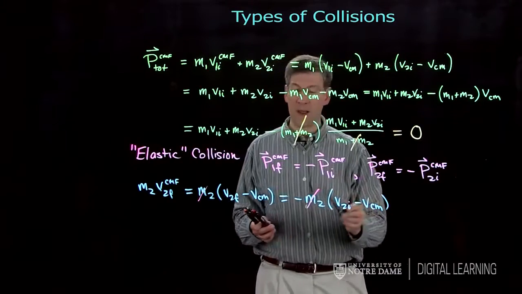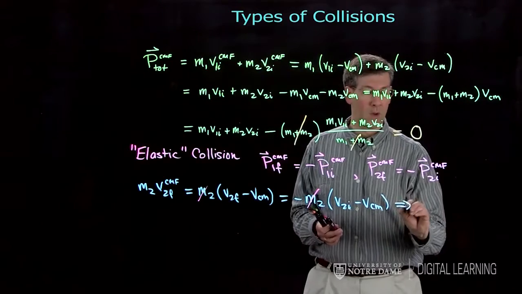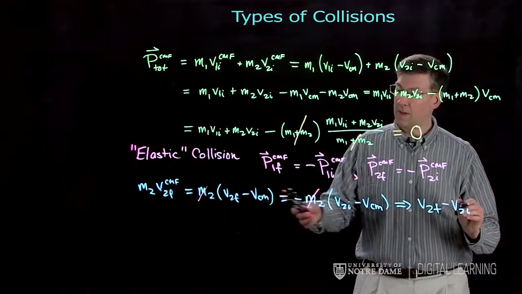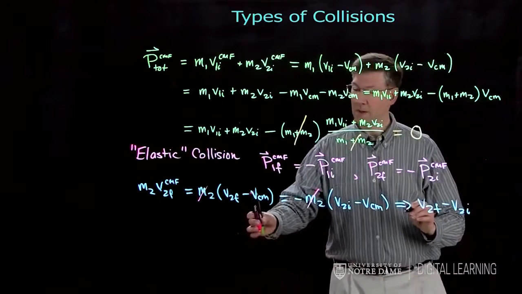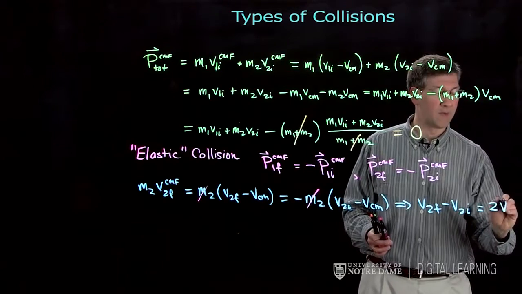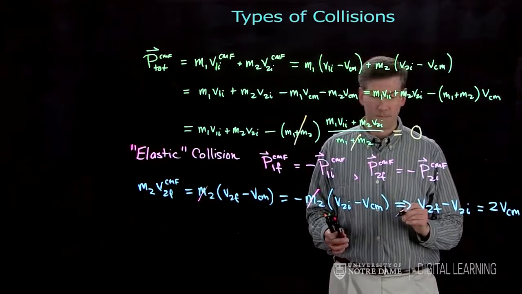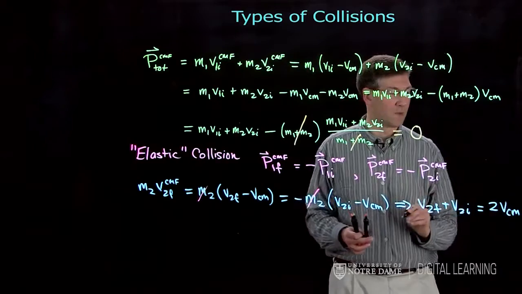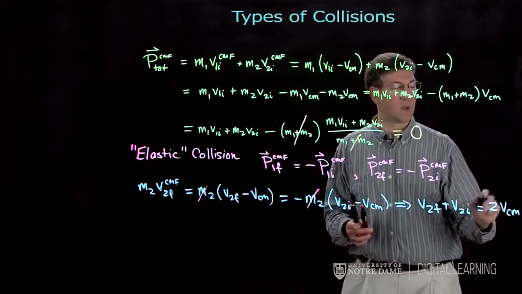And I can write that v2 final minus v2 initial is equal to, if I bring this center of mass over here to the other side, I've got a minus sign here. This is all equal to twice the velocity of the center of mass. And I lost a minus sign. So I have this extra minus sign here, so this is actually a plus, just to make sure that all of that works.